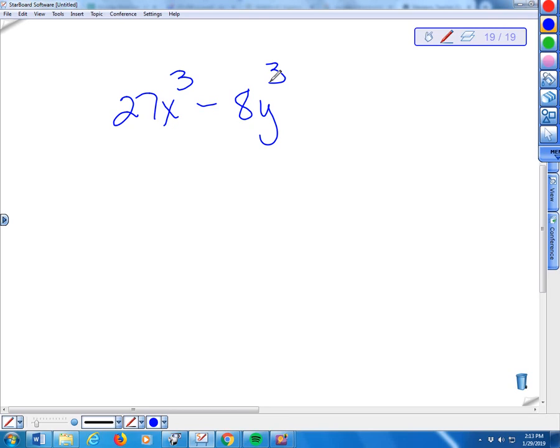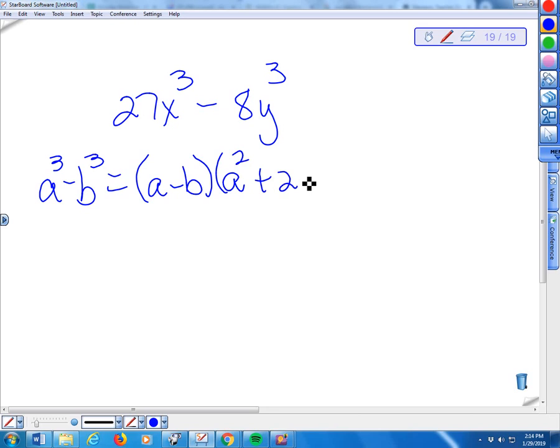So if I look at my formula for the difference of 2 cubes, it's a minus b, same sign, a squared plus ab plus b squared. I think I'd memorize this by now.